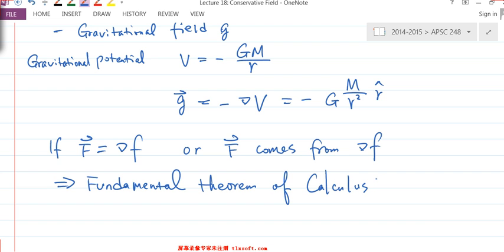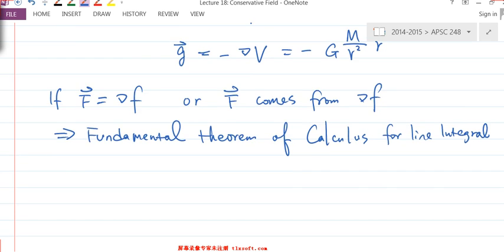Have you heard of this? That's from first year, but this time it's for line integrals: the fundamental theorem of calculus for line integrals.